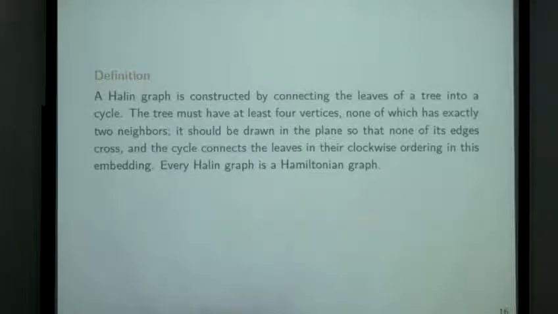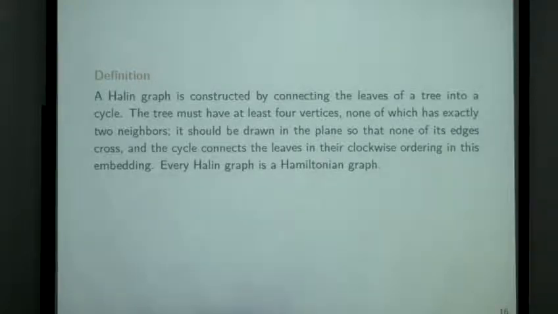Okay. Here we consider Halin graphs. A Halin graph is constructed by connecting the leaves of a tree into a cycle. The tree does not have a vertex of degree 2 and has at least 4 vertices, and it should be drawn in the plane so that none of its edges cross, and the cycle connects the leaves in their clockwise ordering in this embedding.